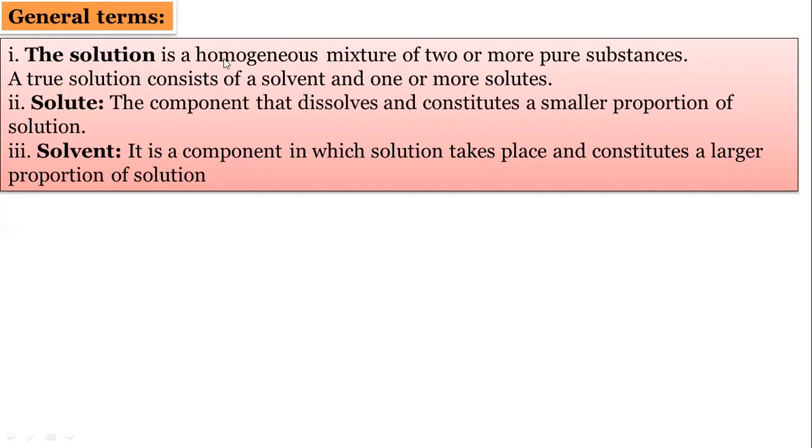We know what is meant by homogeneous and what is meant by heterogeneous. So remember, a solution is always a homogeneous mixture of 2 or more pure substances. A true solution consists of a solvent and 1 or more solutes. So what is meant by solvent, what is meant by solutes, we will discuss shortly, and we will start the next part.